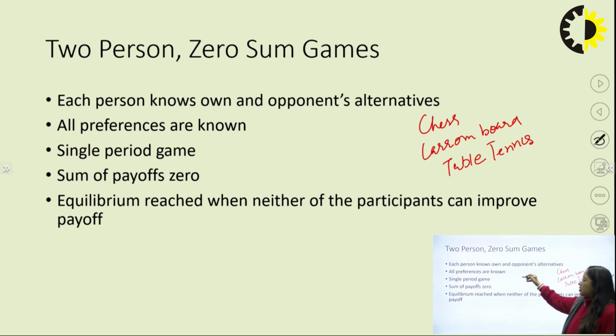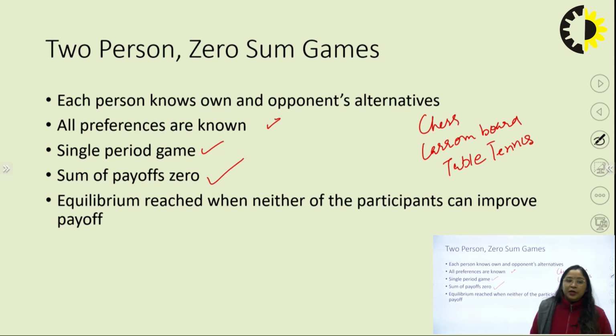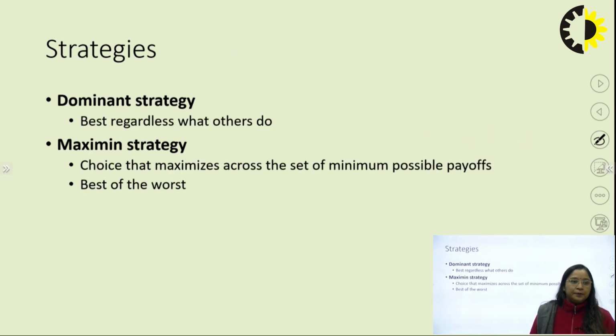All preferences are known. It is a single period game, that means both are playing at the same time. The sum of payoff is 0. Equilibrium is reached when neither of the participants can improve the payoff. If the participant cannot improve the payoff, then we can say that the saddle point has been achieved.